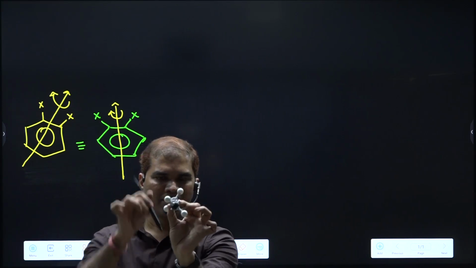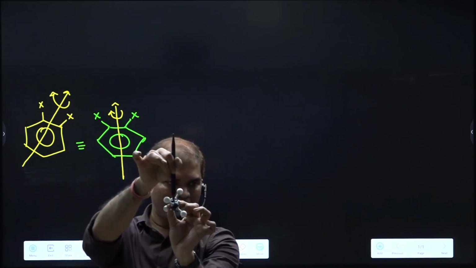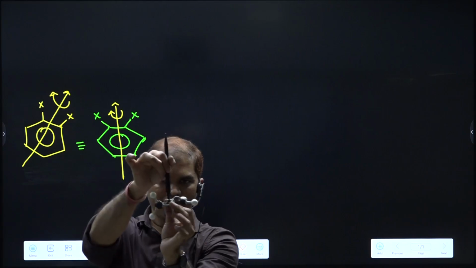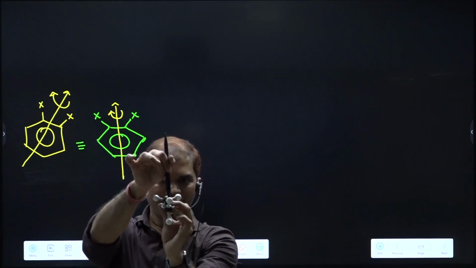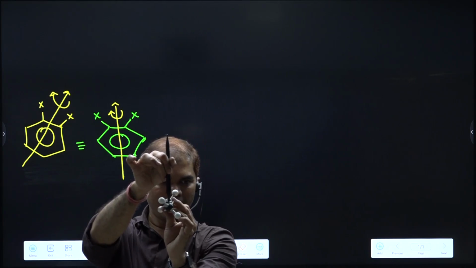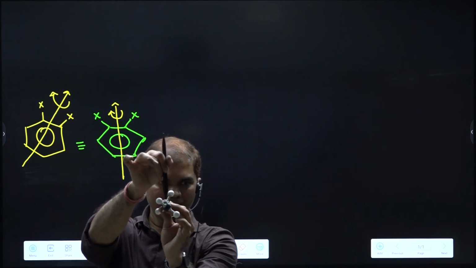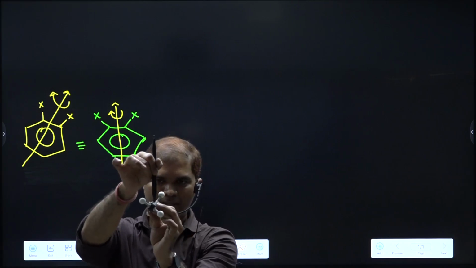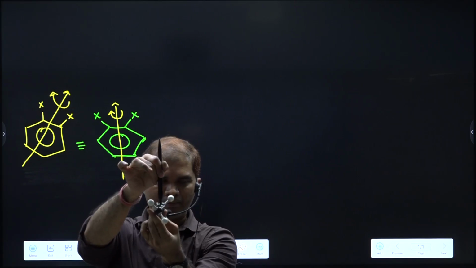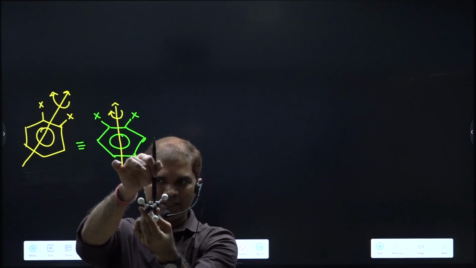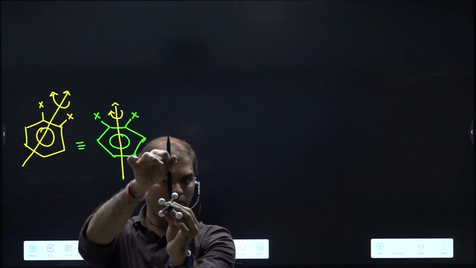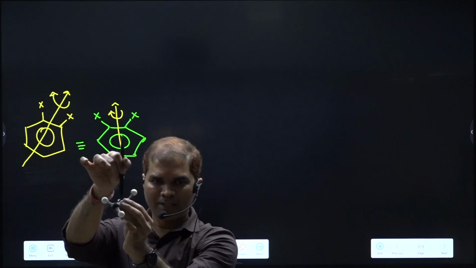Let me see. Again I am passing a C2 from here. Previously I was holding the molecule like this. I passed a C2, I said it is absent. Now I am holding the molecule like this. I am trying to pass that same C2. And if I rotate, if this hydrogen is exchanged by another identical hydrogen, I say C2 is present. Is it present? Yes. Previously it was not there, but now I have oriented the molecule in a different way.